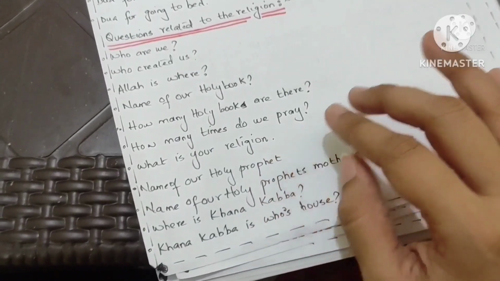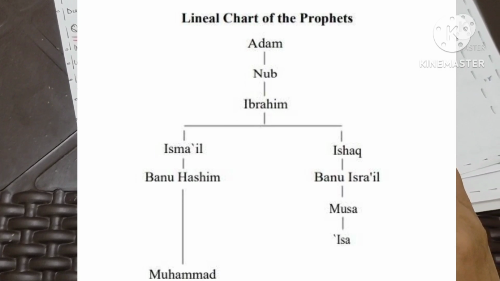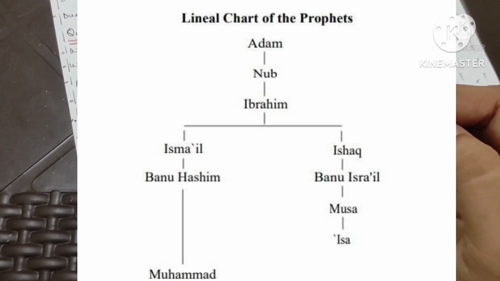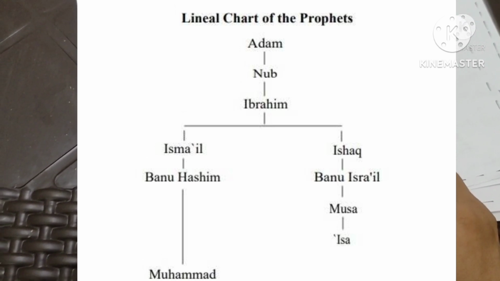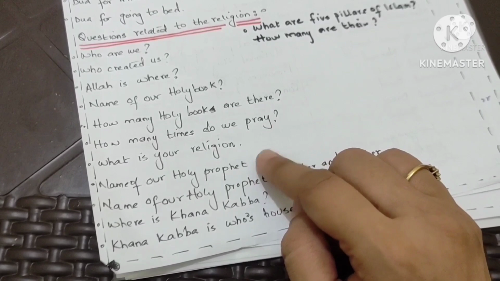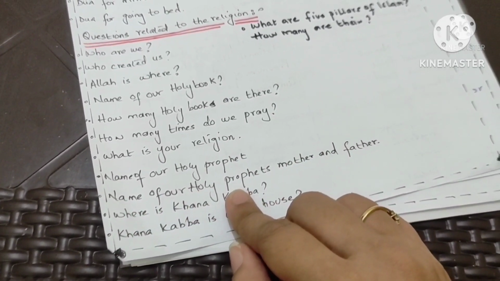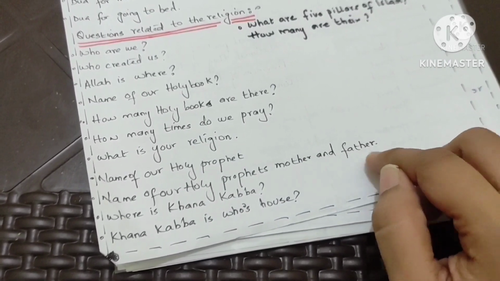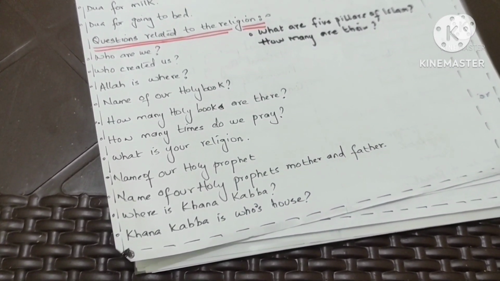You have to tell the name of your religion. Name of your holy prophet, which is very important. Make sure that you are mentioning and revising the first prophet and the last prophet, which are very important for the children. The names of our holy prophet's mother and father. You have to make them revise the names of mother and father.